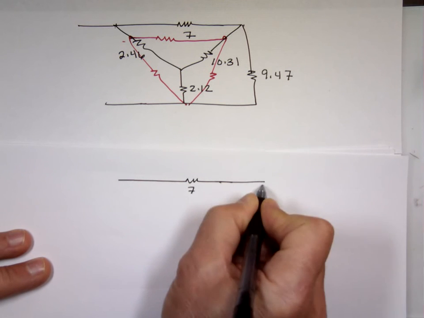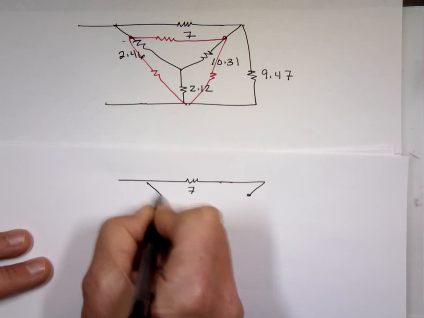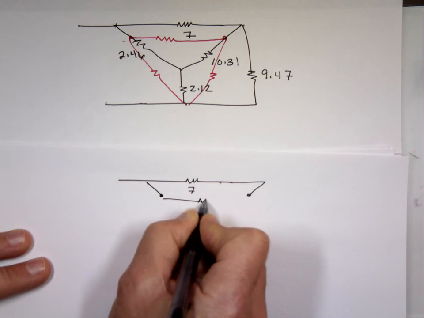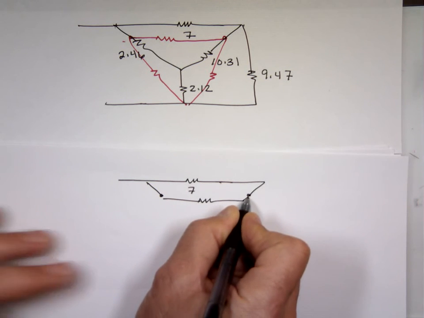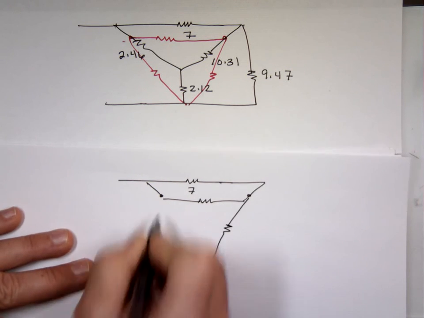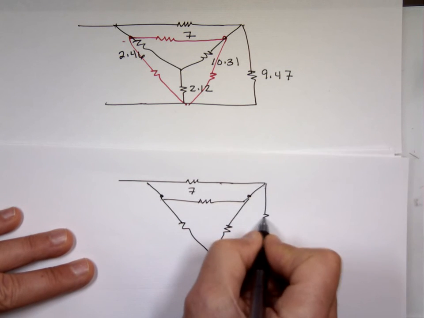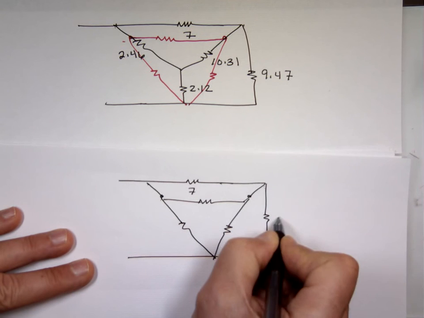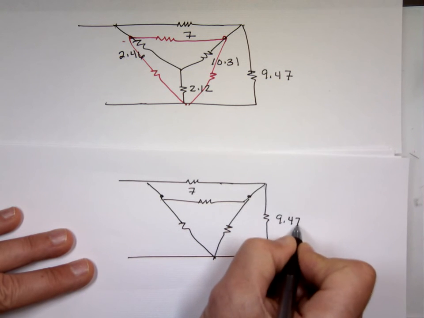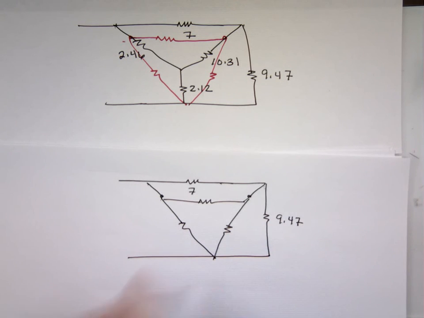Here we go. I'm going to replace it here with 1 resistor. We'll get the value of that. If I get these 3 numbers, I'm in good shape.